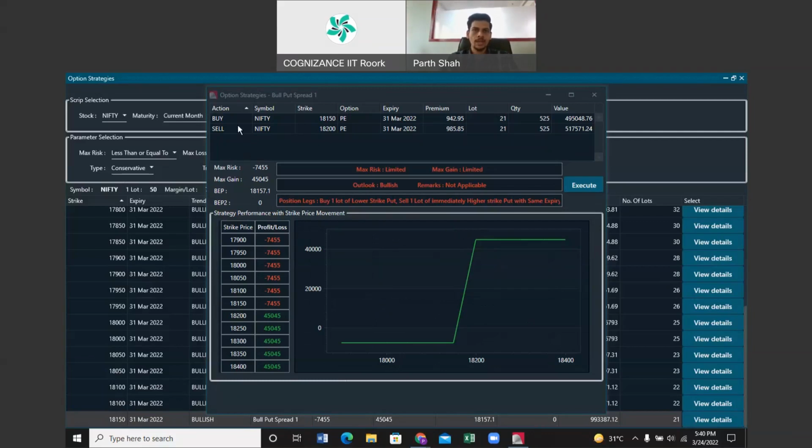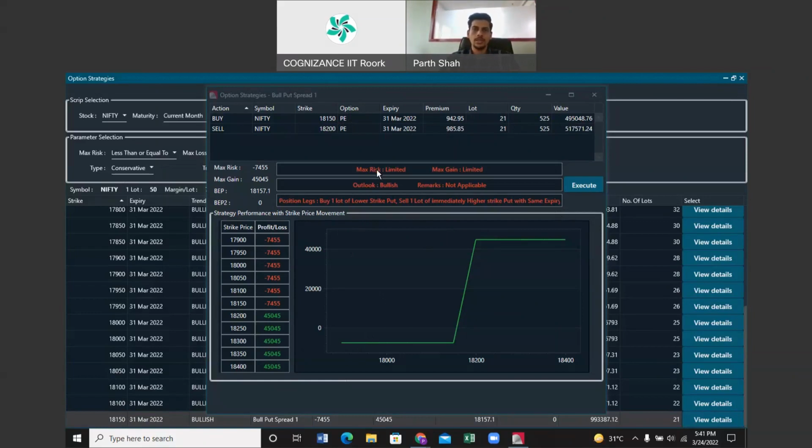It will buy one particular 18,150 put option of 31st March expiry where the premium is 942 rupees, and I'll buy 21 lots, which means 525 quantities. So this gives me the payoff table and payoff graph as well.